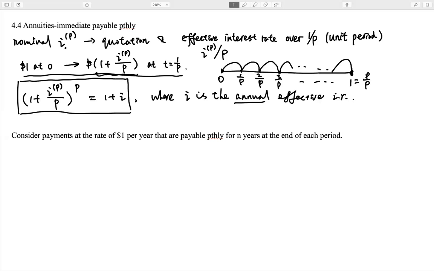So this is the annuity immediate we have. It is annuity immediate because all the payments are made at the end of each period.